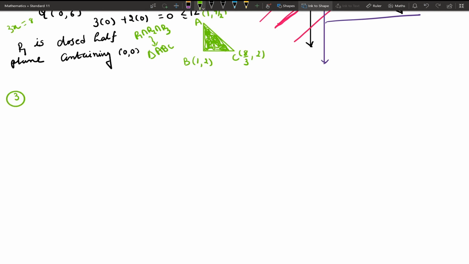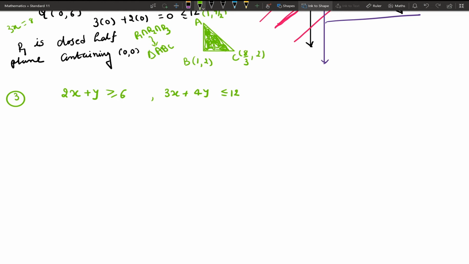Third example: 2x plus y greater than or equal to 6 and 3x plus 4y less than or equal to 12. Find the solution graphically.